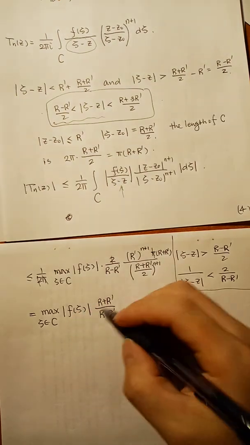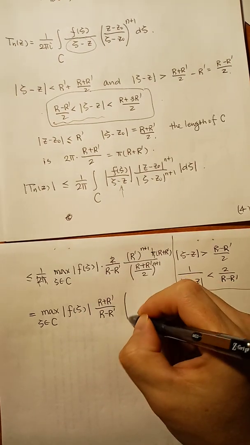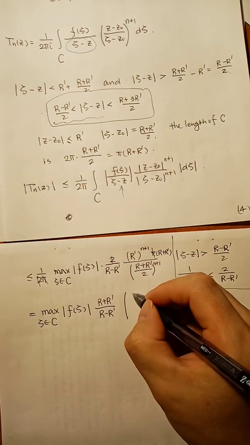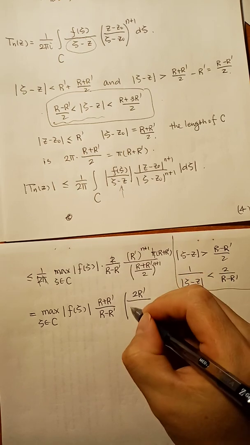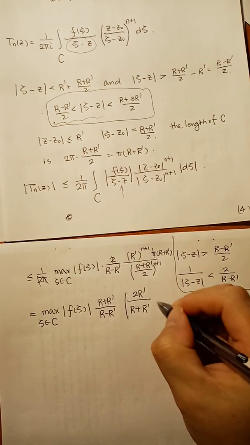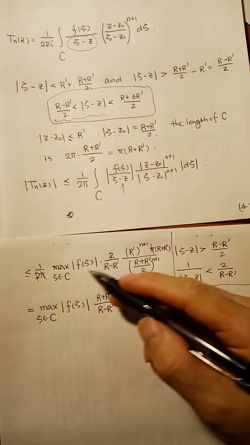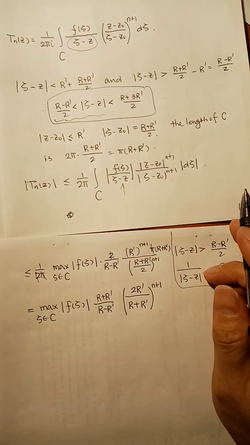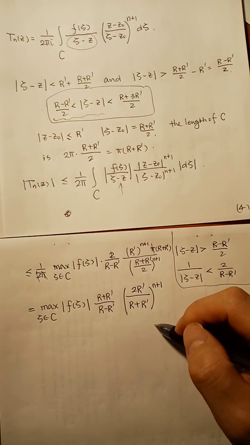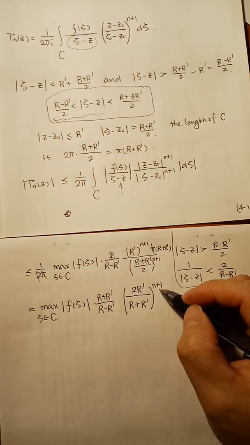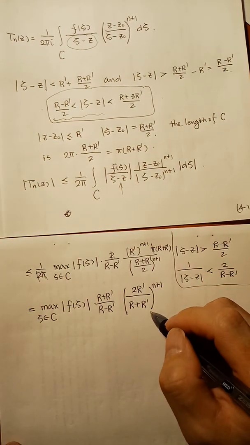Okay, this is a fixed number. And then you flip this 2 to the numerator. It's 2r prime over r plus r prime to the power of n plus 1. Okay, in this expression, there's no z. Only r, r prime, and n. So first of all, it's uniform.